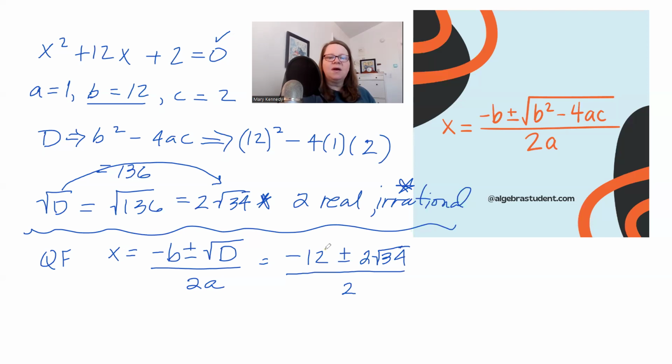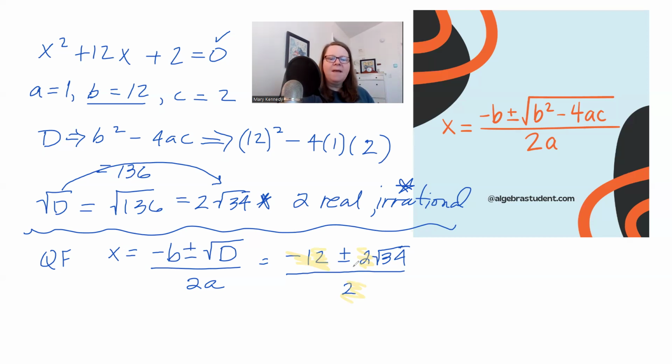And so we've got a negative 12, we've got a 2, and another 2. So that's what we're going to focus on. The square root of 34 can't reduce with anything else because there's no other square roots anywhere, nothing to do there. So right now we're just thinking about the negative 12 and the 2s.